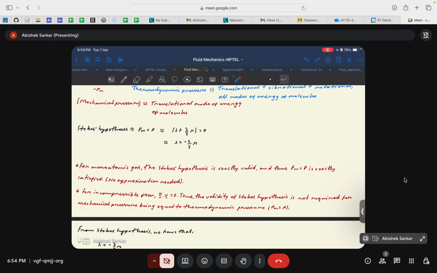Considering the flow to be incompressible results in the mechanical pressure being equal to the thermodynamic pressure. But if you impose explicitly that the Stokes hypothesis is valid, then lambda becomes equal to minus 2 by 3 mu. That's how this relation is obtained.